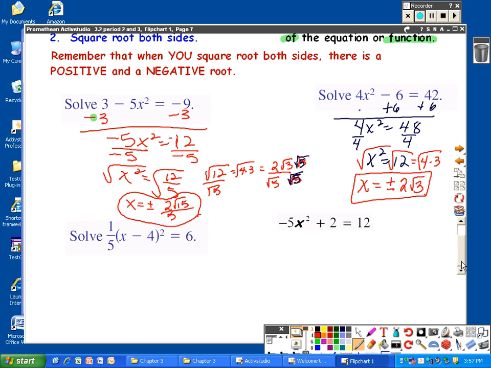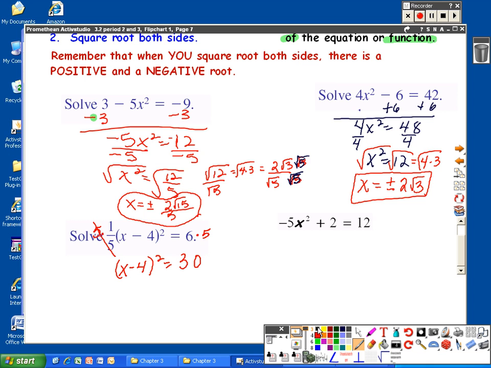Okay, let's try the next one. 1/5 times x minus 4 squared equals 6. First we would multiply by 5. And I have x minus 4 squared equals 30.